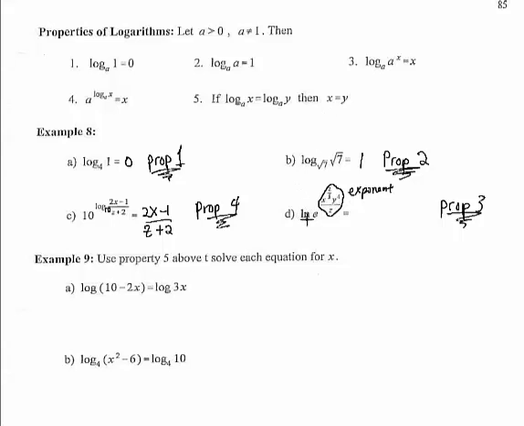Okay, you could see this as being written with a log base e and then e as the argument. Then you just simply drop the a's in the case of property 3, or in this case what we have is e.